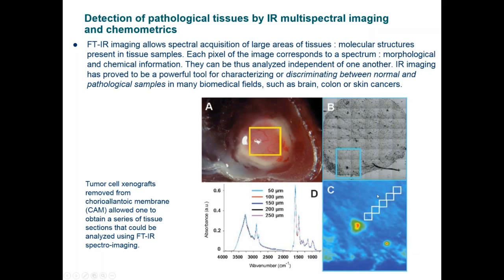The FTIR imaging setup as shown here is essentially a false color map of the different pixels, and I'm not sure how many pixels were used here, showing that in this region you have this particular IR signature. Now, the sequence of boxes here essentially is the distance that was taken to gather each of these spectra in the mid-IR range.